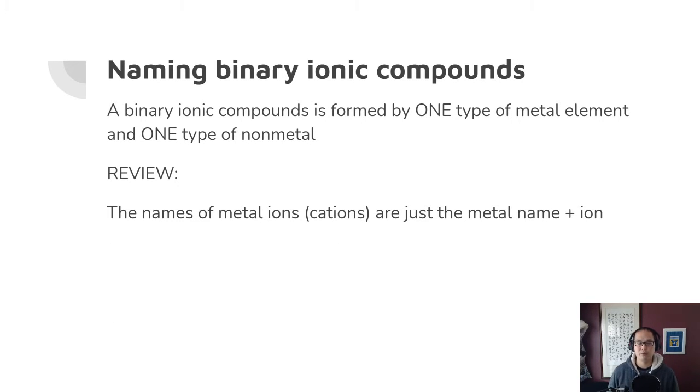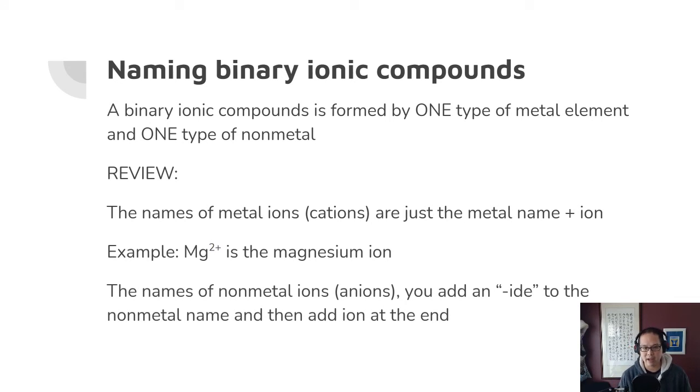Okay, so let's review really quickly. The name of your standard metal ions, not your transition metal ions, is just the metal name plus the word ion. So for example, Mg2+ is the magnesium ion. The names of the nonmetal ions, known as anions, you get by adding ide to the nonmetal name and then adding ion to the end.